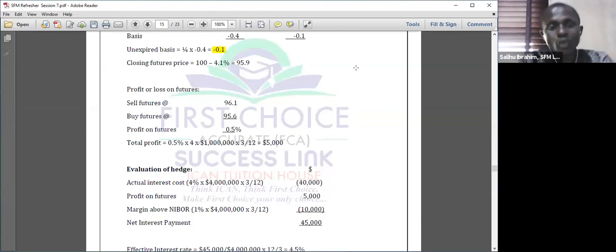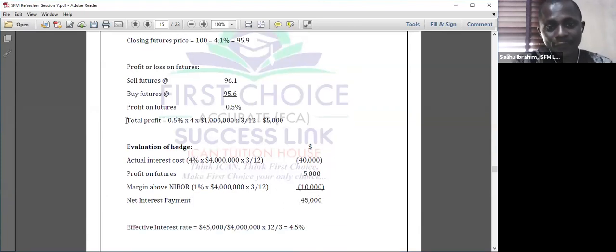Okay. So what is our total profit? Let me give you the formula for this. Total profit is profit or loss per futures multiplied by number of contracts multiplied by exposure multiplied by loan period over 12. That is the proportion of interest we are paying. We are paying interest over 3 months, so it's going to be 3 over 12.